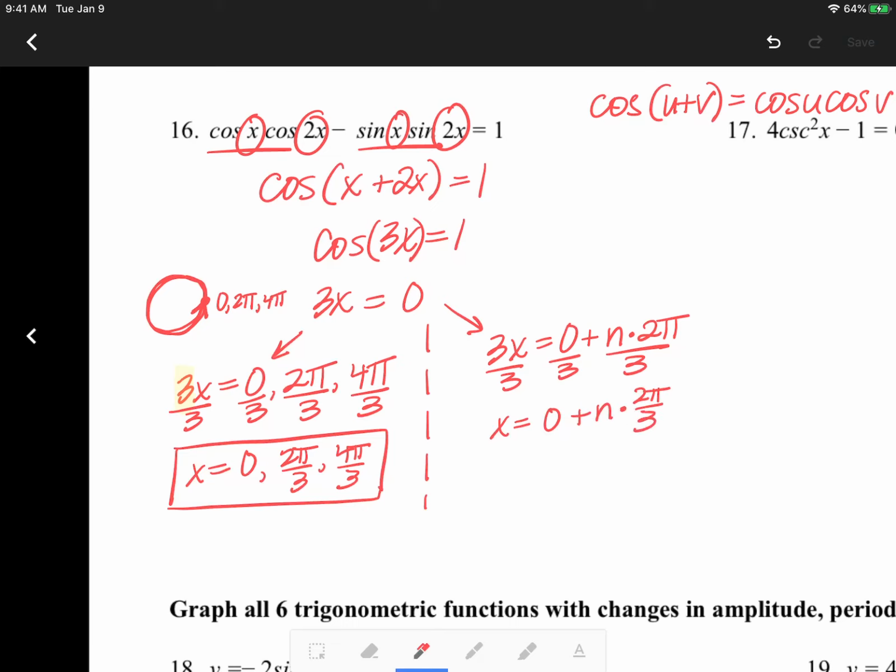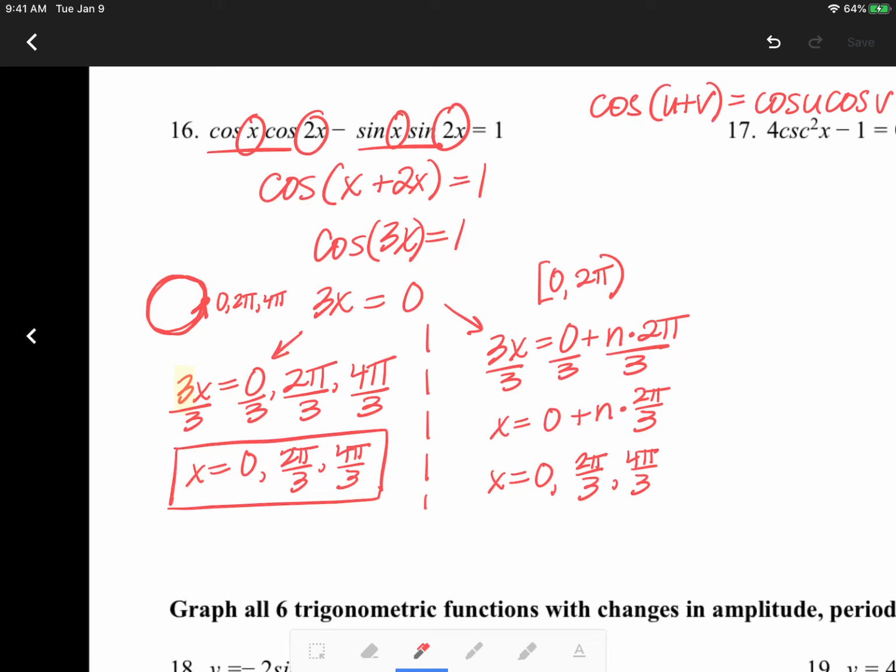Well, if we're looking for the solutions between 0 included and 2 pi excluded, I need to figure out how many of those actually fit between 0 and 2 pi. So the first one is going to be 0. The next one is going to be plus 1 times 2 pi over 3, so it's just 2 pi over 3. The other one is going to be another 2 pi over 3, and we end up with 4 pi over 3.